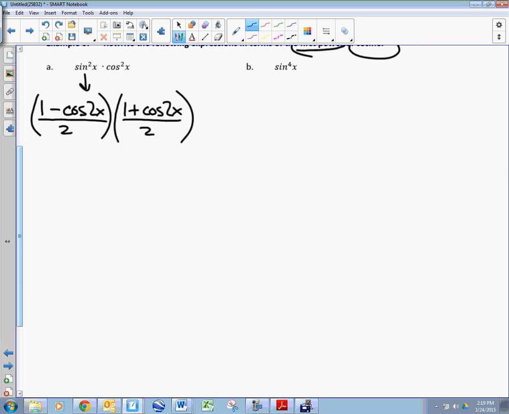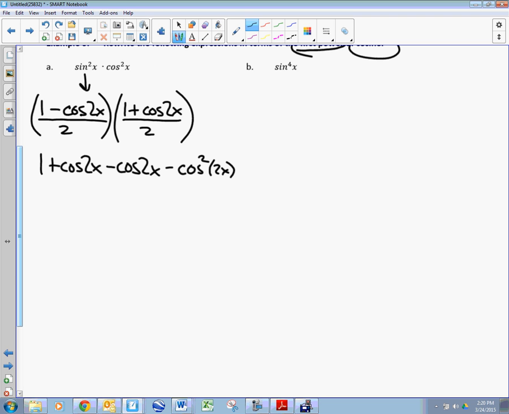We multiply. 1 times 1, 1. 1 times cosine of 2x, cosine 2x. Negative cosine 2x times 1, negative cosine 2x. And negative cosine 2x times cosine 2x. This is confusing for people, but it's negative cosine squared of 2x. You don't change anything with the angle. You don't get like 4x squared or something like that.